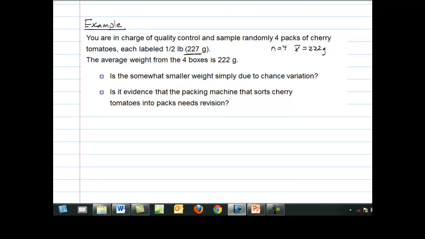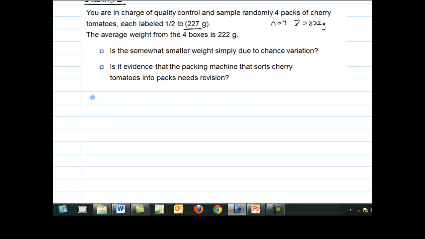Now when we start with tests of significance, the first thing that we do is we always state H0 and HA, and those are called our null and our alternative hypothesis. So these are steps to significance testing. Now you'll see significance testing, and you'll also see this called hypothesis testing. These are used interchangeably.